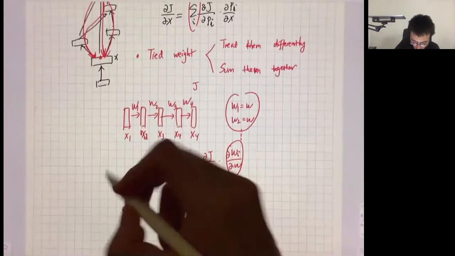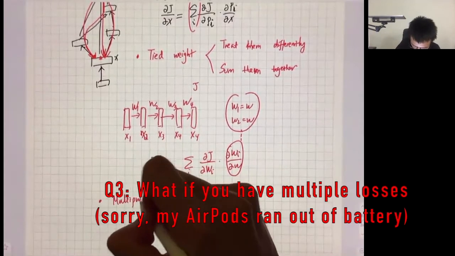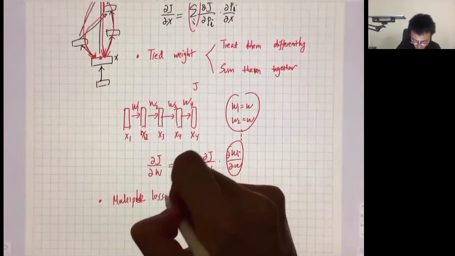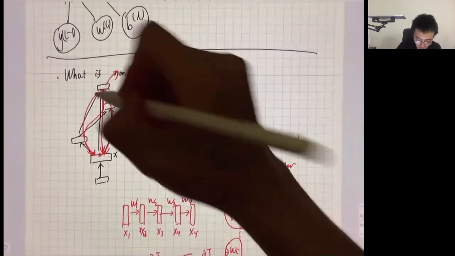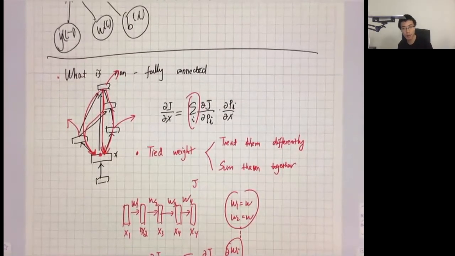And the third thing is, what if you have multiple losses, okay? So maybe I'm doing classification here, I'm doing regression there, I'm doing something here, then how can I do backpropagation?